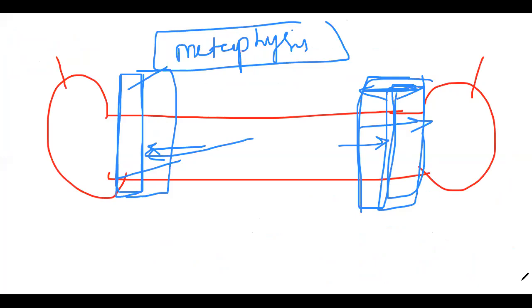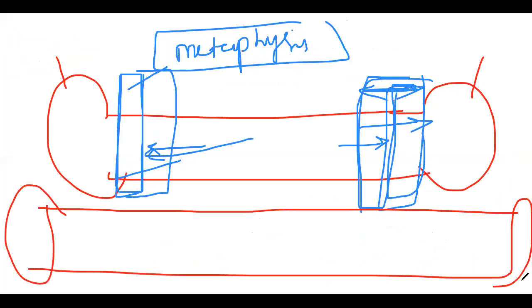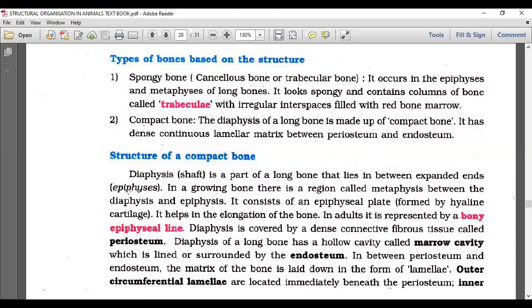So what you can see here, we can't see that plate. We see the epiphyseal line. Okay, it's just a line showing that earlier some growth was happening. Okay, got my point? Just for the knowledge sake, you need to know at least that growth is not possible after a certain age. Why is it not possible? That I am giving.